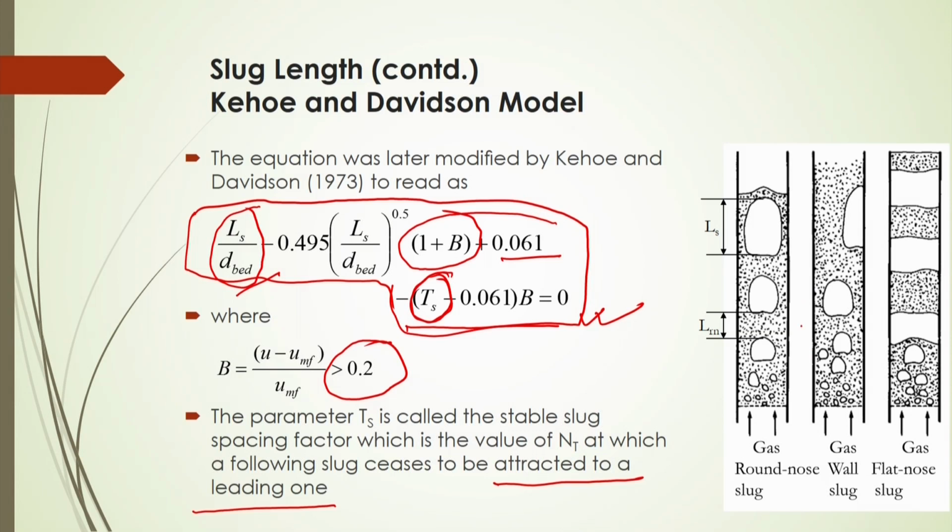If it is coming very near to each other, then this Ts value will be very small. In that case, you will see that the slug length will change accordingly. So, this parameter Ts is a very important point that you have to find out, whether this slug will be stable or not.